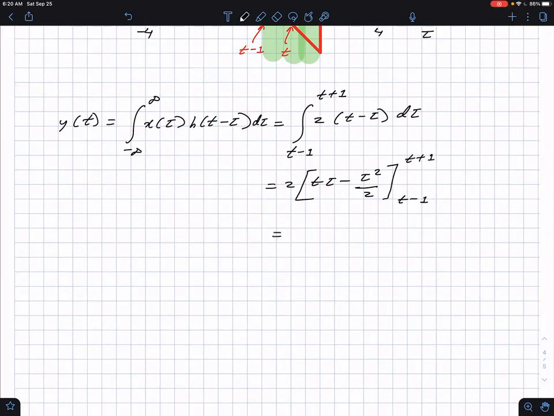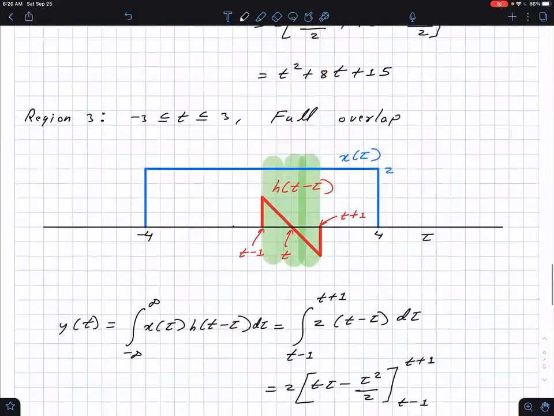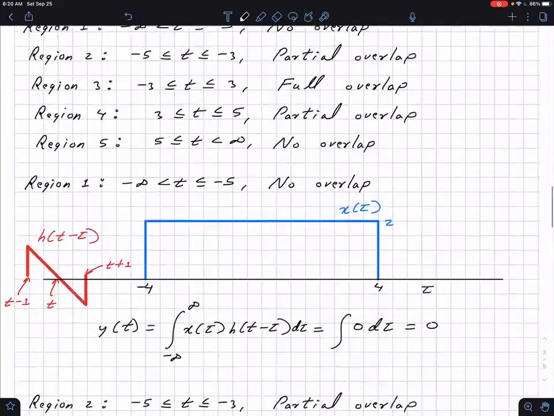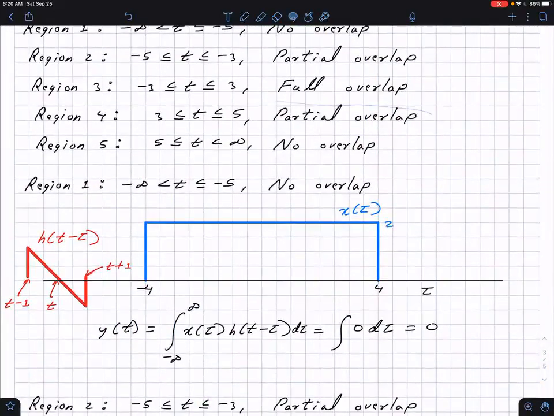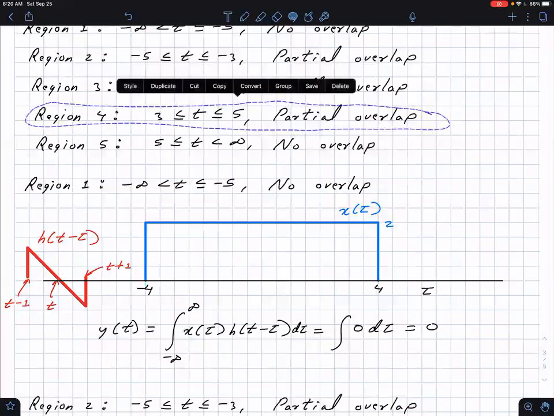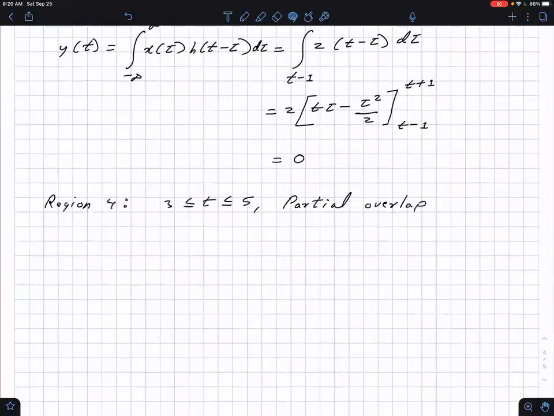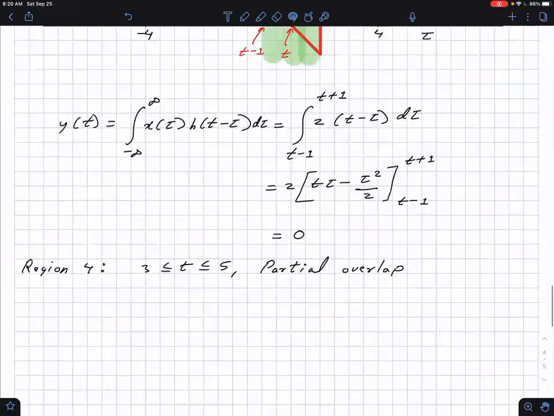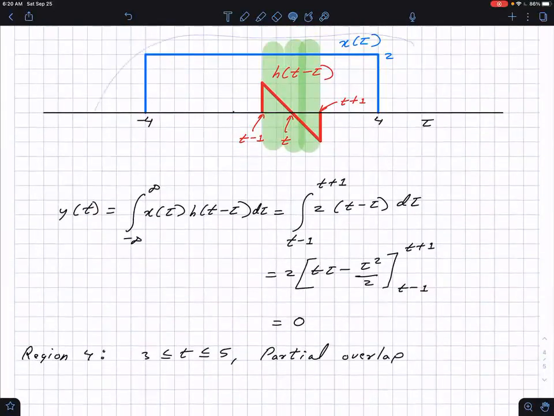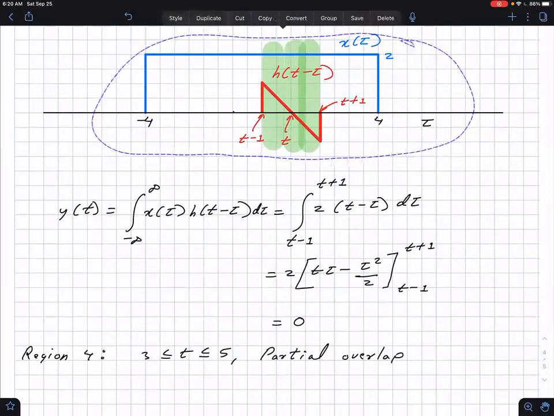And with some algebra, we should get a 0 for this case. That was region 3. Now let's consider the fourth one. And we'll draw a graph to represent that case.